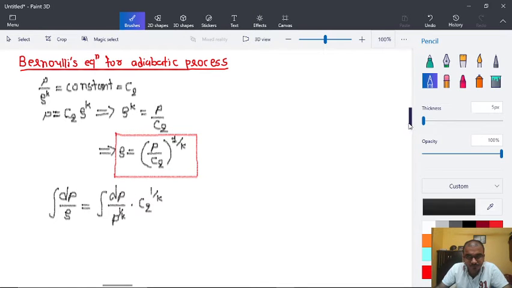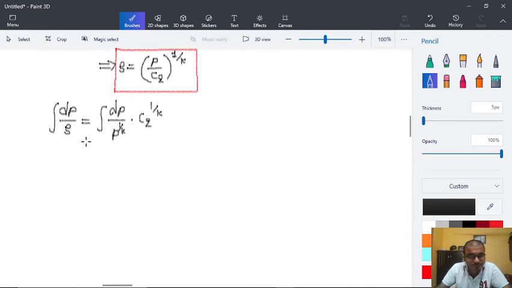We can take c2 raised to 1 over k outside, and then integration p raised to minus 1 over k into dp.